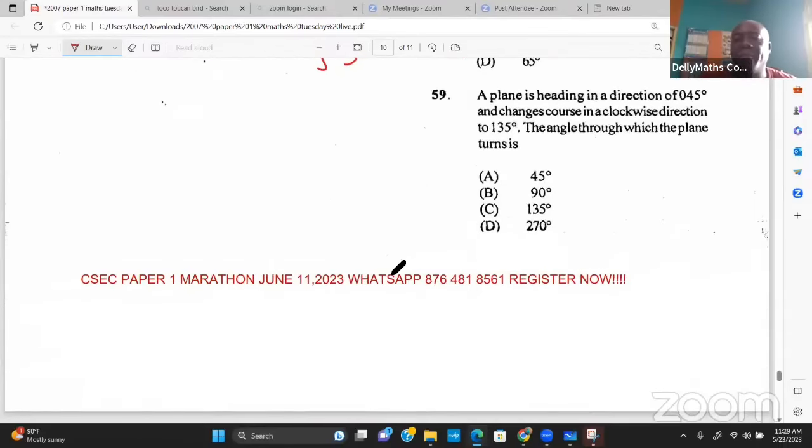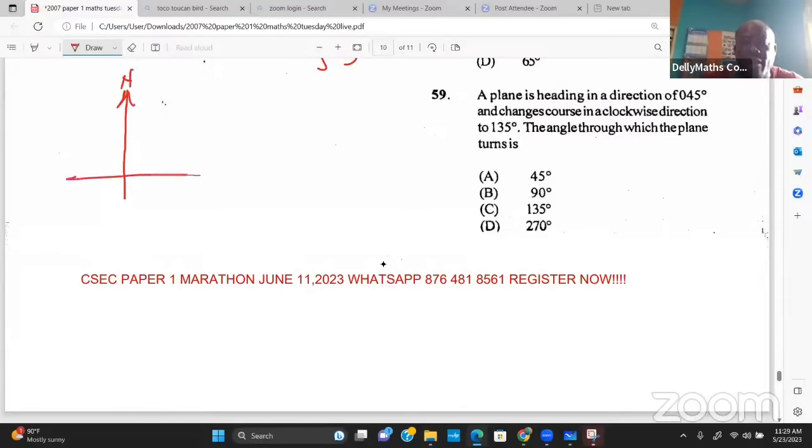All right. 59. A plane is heading in the direction of 45 degrees and changes course in a clockwise direction to 135. The question is the angle through which the plane turns. Let's take a quick look. All bearings are from the north, and this is the underpinning idea.